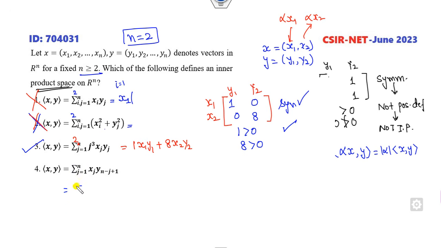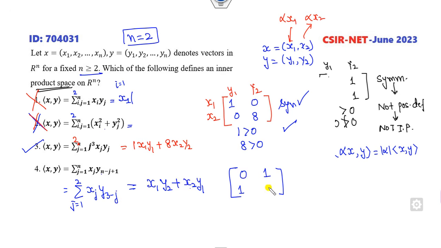Look at this one. I can take n as 2. So this is x_j, this is n as 2, 2 plus 1, 3 minus j. So if I open this, it is x1 y2 plus x2 y1. So can I write this? x1 y2, 1, x2 y1, 1, and 0, 0 on the diagonal. Is it a symmetric matrix?